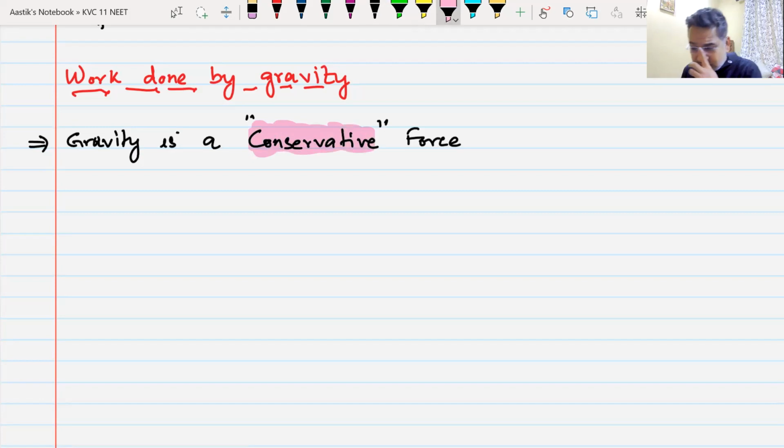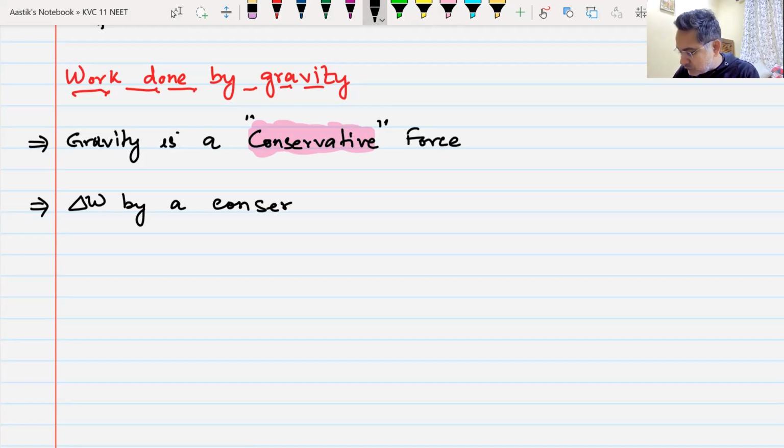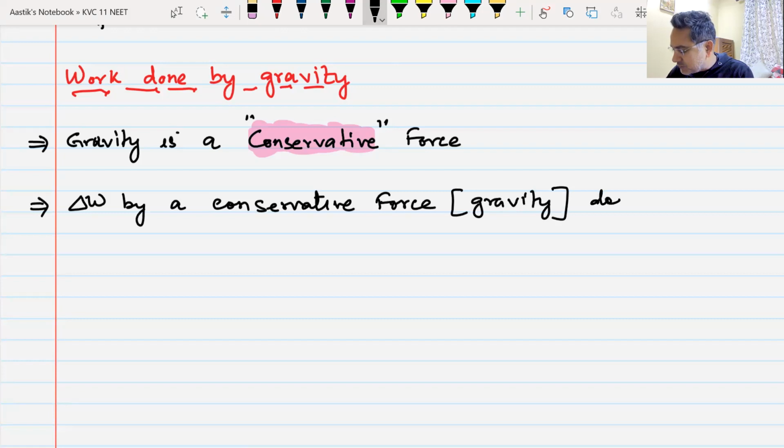Now, whenever a force is conservative, the work done by that force does not depend on path. So, remember, work done by a conservative force, in this case the conservative force is gravity, does not depend on path.